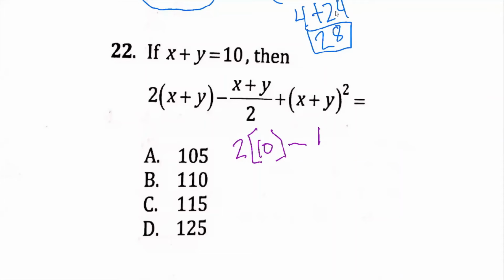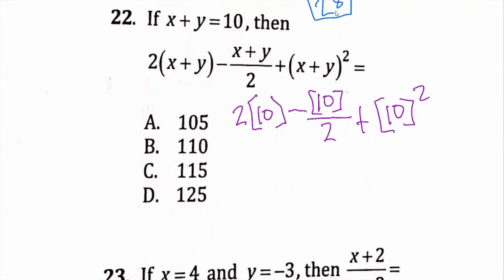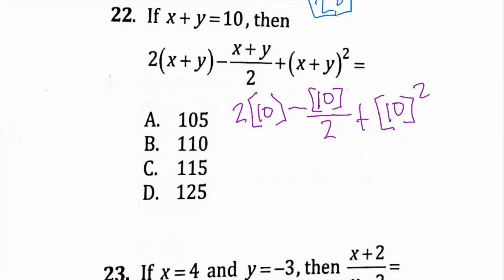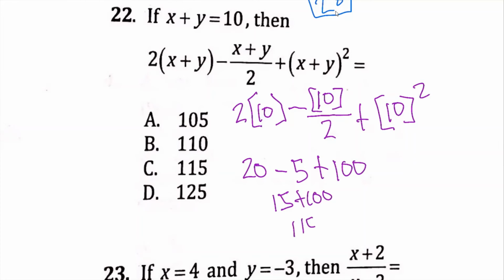So I have 10 over 2 plus x plus y is just 10 again, squared. And then I just simplify, right? So 2 times 10 is 20, minus 10 divided by 2 is 5, plus 10 times 10 is 100. 20 minus 5 is just 15, plus 100. Final answer, 115. My answer here is C.